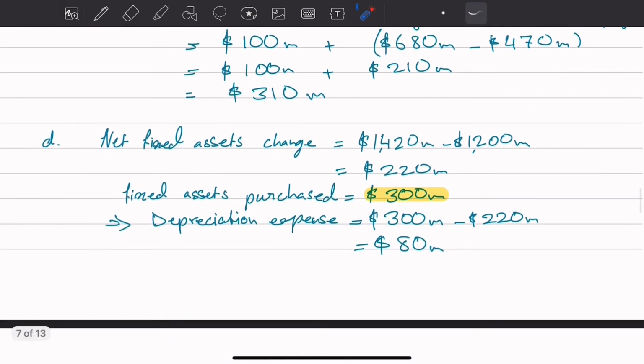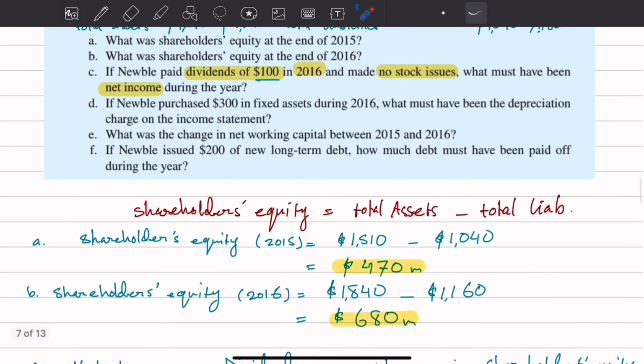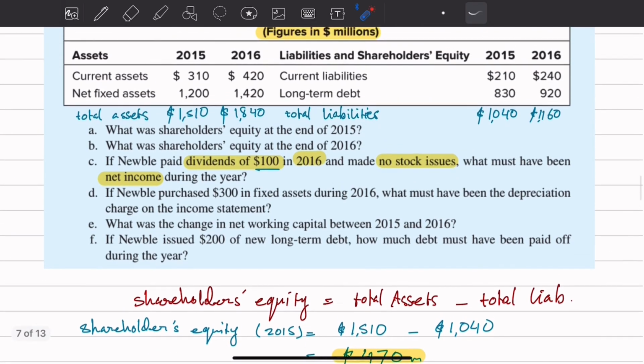Okay, let's move to the next part, E. What was the change in net working capital between 2015 and 2016? This is simple. Here we're just going to calculate the net working capital in 2015, and then figure out the net working capital of 2016.